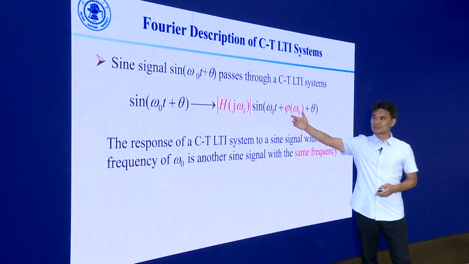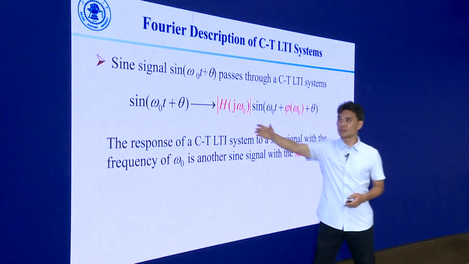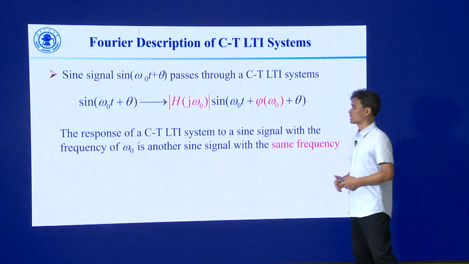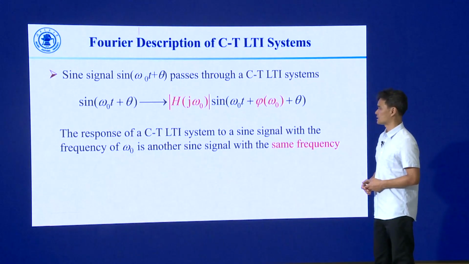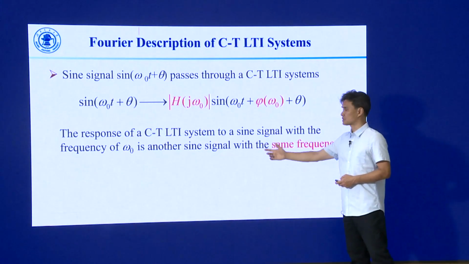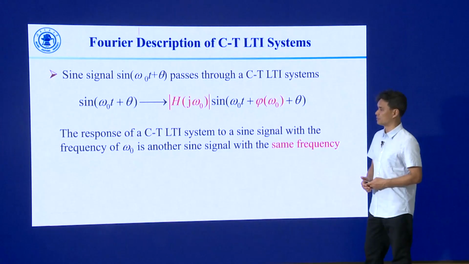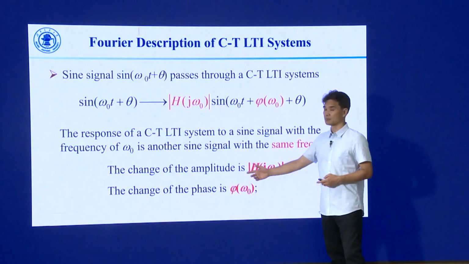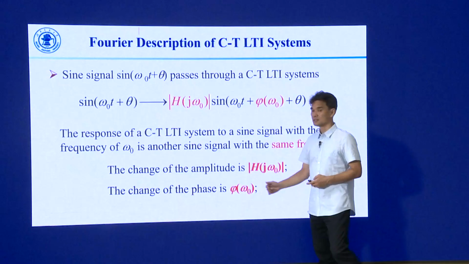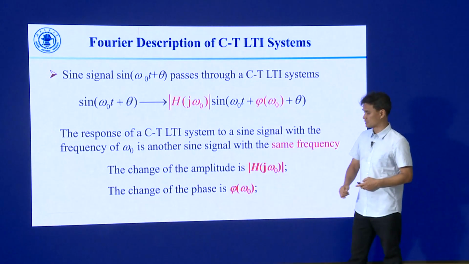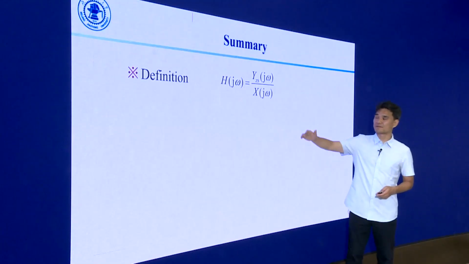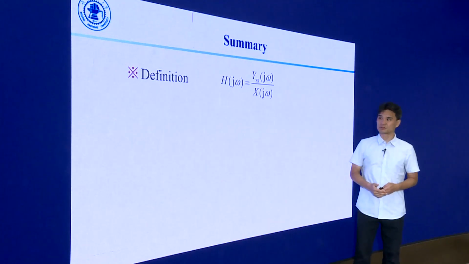So by looking at the relationship between the input and the zero-state response, we understand that the response of a continuous LTI system to a sine signal with the frequency of omega sub zero is another sine signal with the same frequency, but the amplitude is modified by the system's amplitude response, and the phase is also modified by the system's phase response.